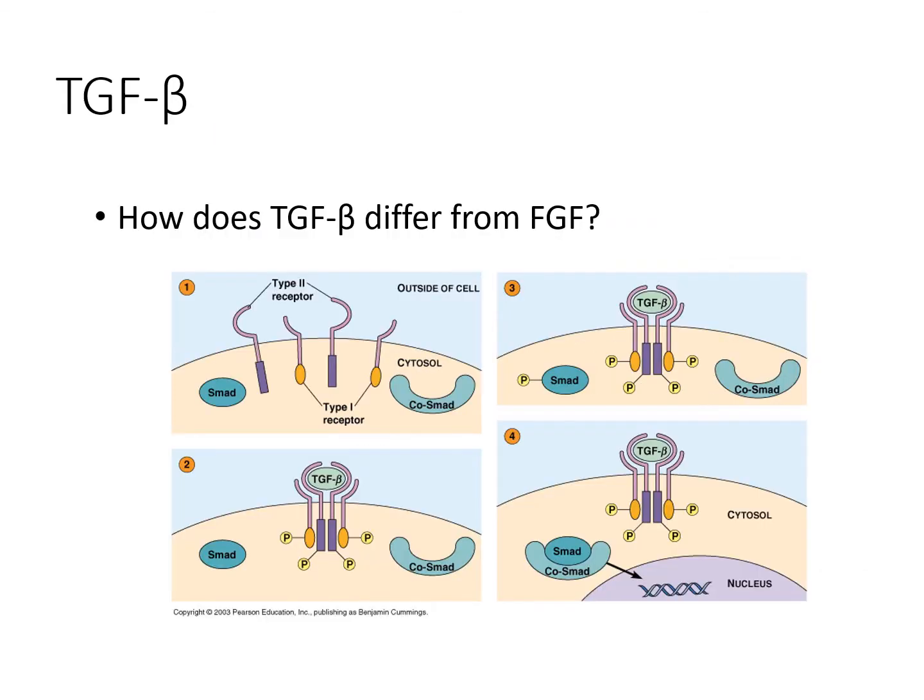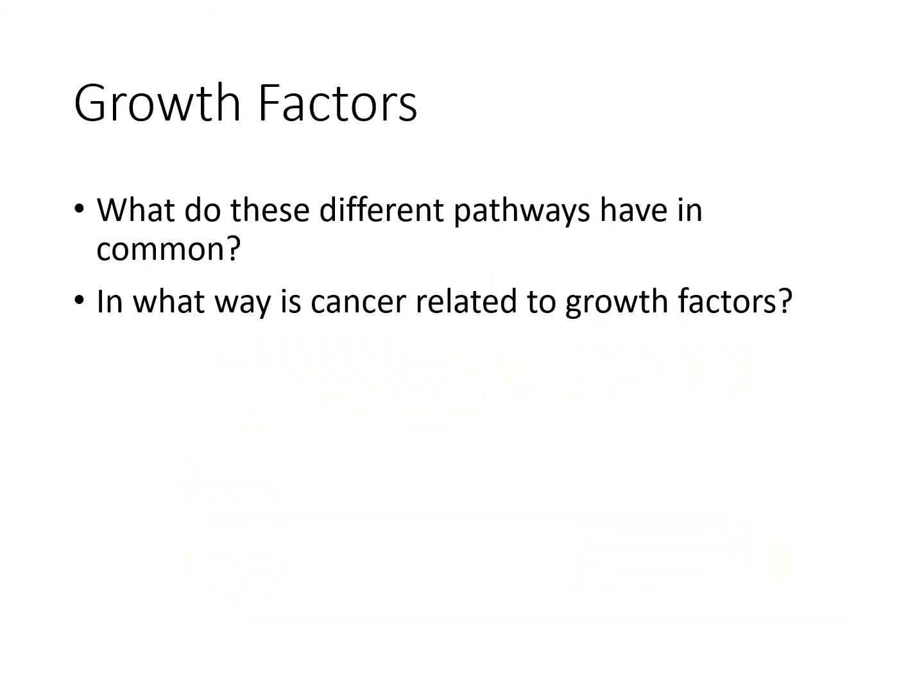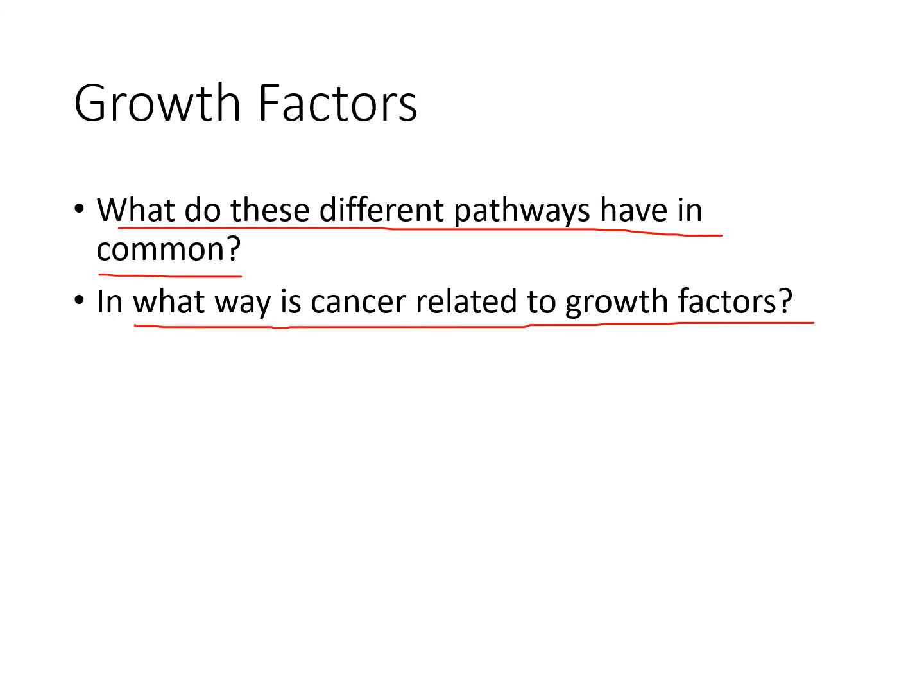All right, so the same goes for this TGF beta, as well as the other growth factors. So what do these different pathways have in common? That's the question that I want you to look at. And in what way is cancer related to the growth factor? What makes this growth factor have a detrimental effect and cause cancer in the cells?